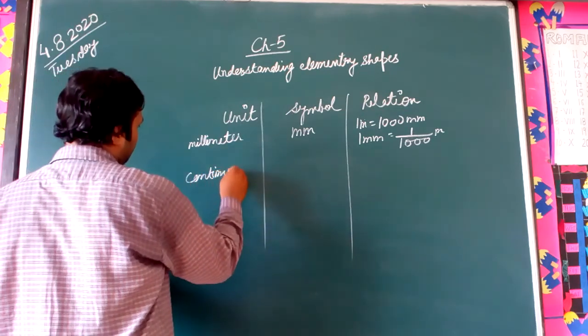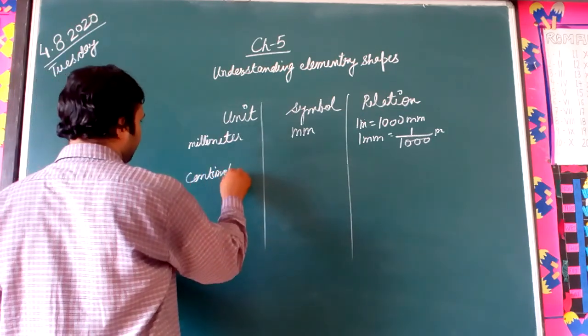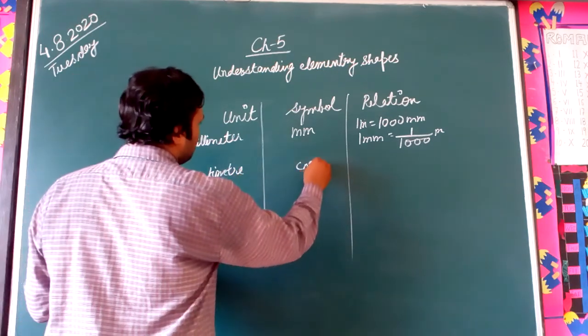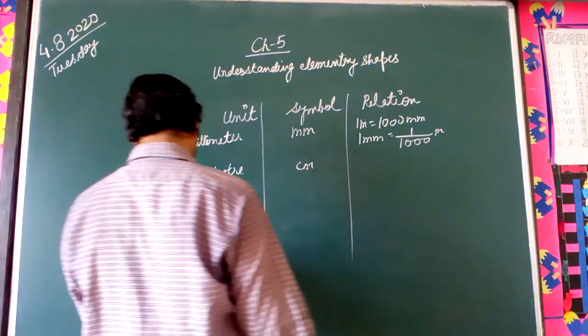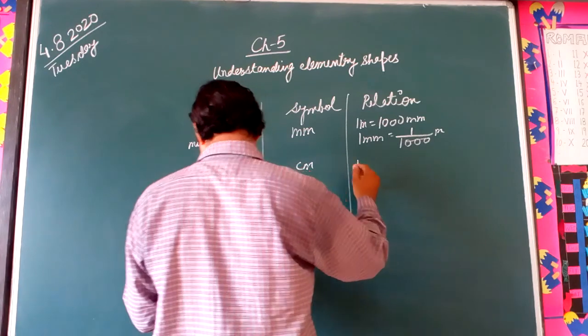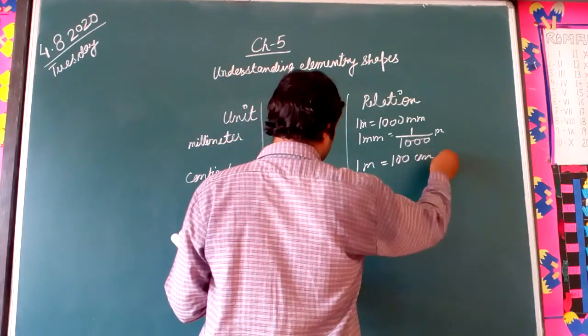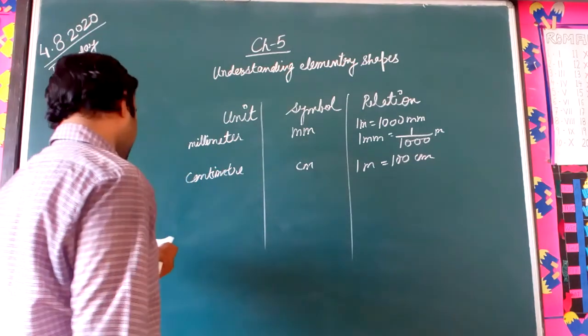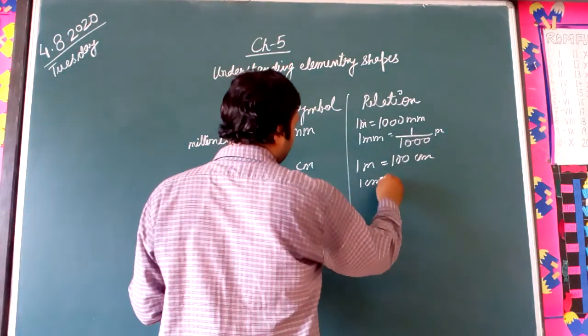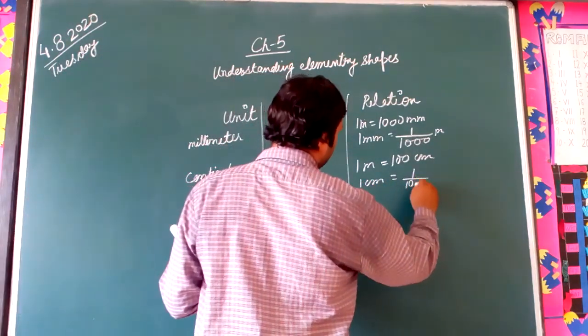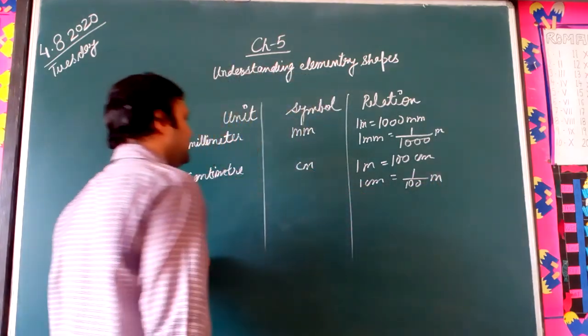Next will be cm, centimeter. 1 meter equals 100 centimeter, or 1 centimeter equals 1 upon 100 meter.